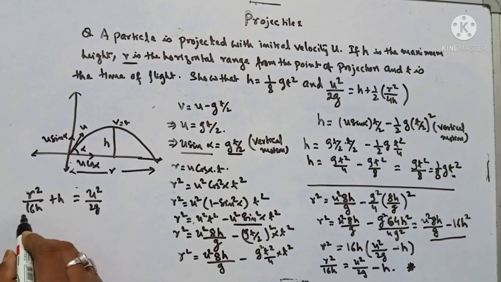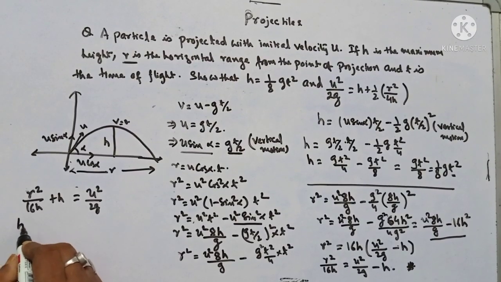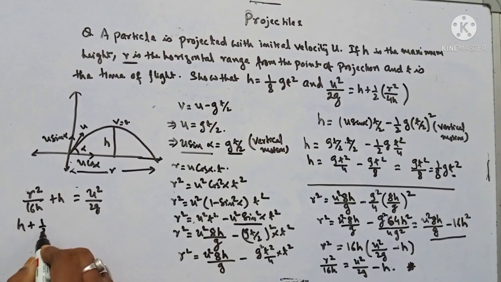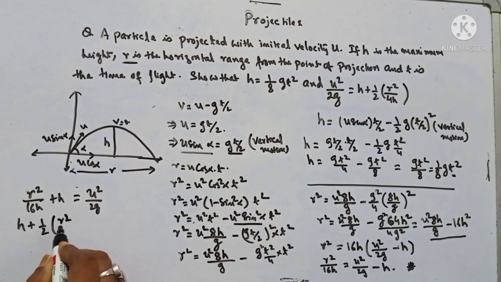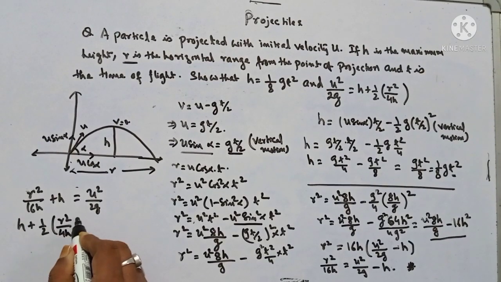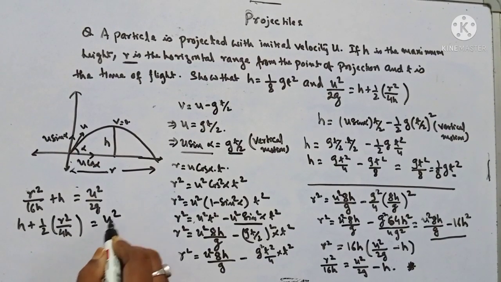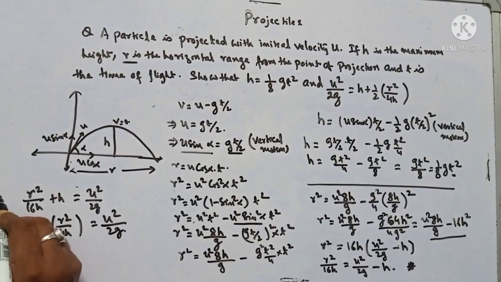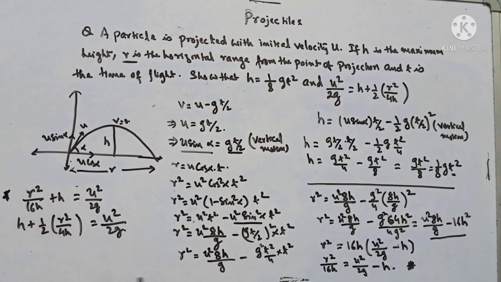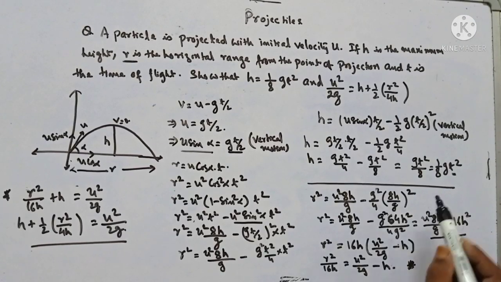So this I can write as h plus 1 by 2 r square by 4h, that is equal to u square by 2g. This is proved.